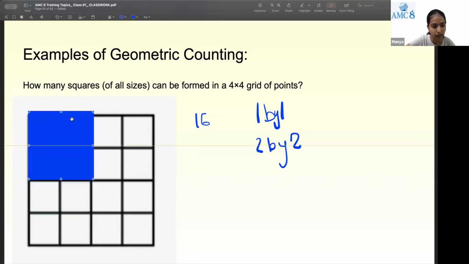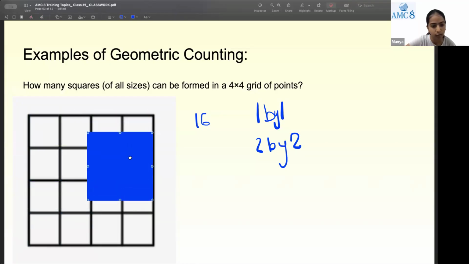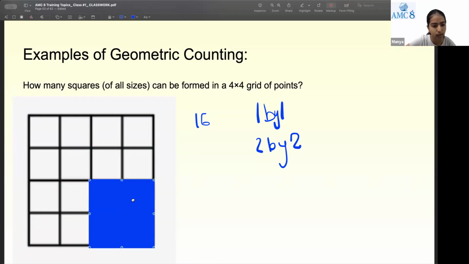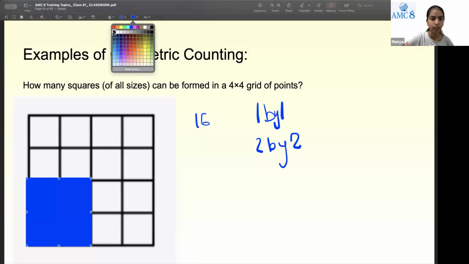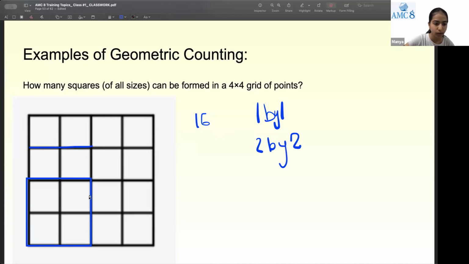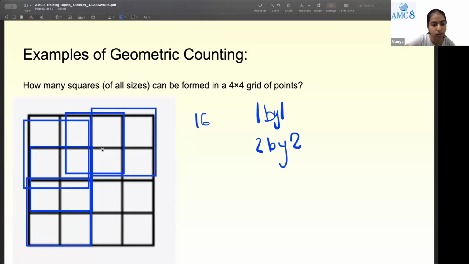Sorry, I think that this is easier. So this is 1, 2, 3, 4, 5, 6, 7, and 8.